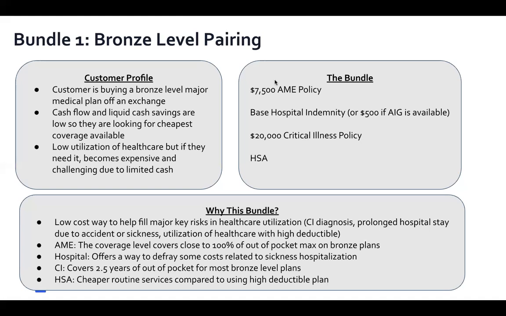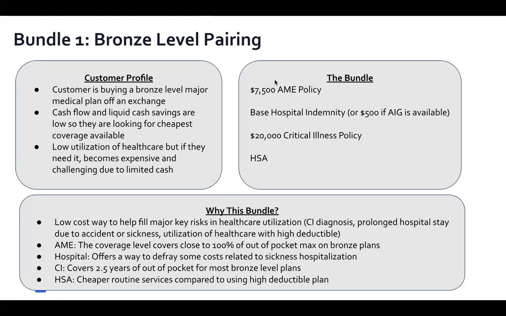The $7,500 AME coverage is going to come close to 100% of any out-of-pocket max for people on high deductible health plans, right? You could even think about bumping that AME up to $10,000, but you could look at $7,500. That's going to get you pretty close. It's going to keep the cost low and really help shore up that potential out-of-pocket exposure related to an injury-related hospital stay or need to utilize healthcare.